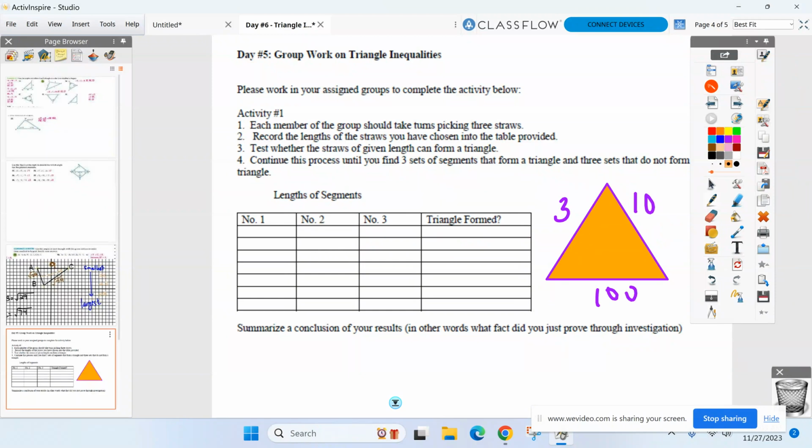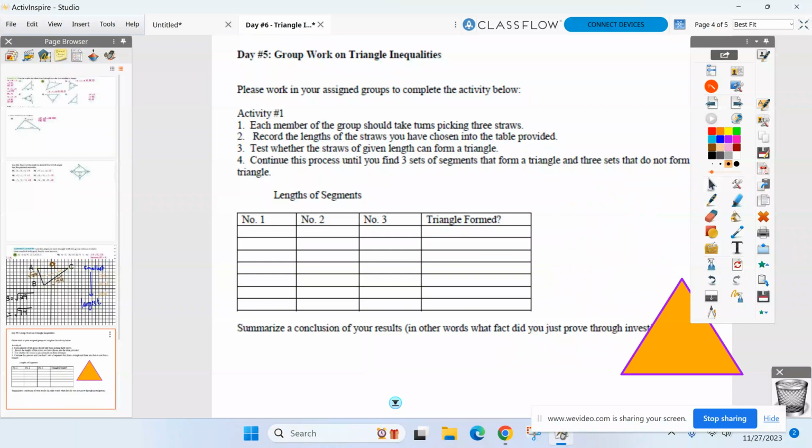All right. What has to be so great about the three sides of a triangle to actually form a triangle? So that's what you and your groups are going to investigate today. Now, you'll see in the directions, each member of the group should take turns picking 3 straws. Straws. Come on now.